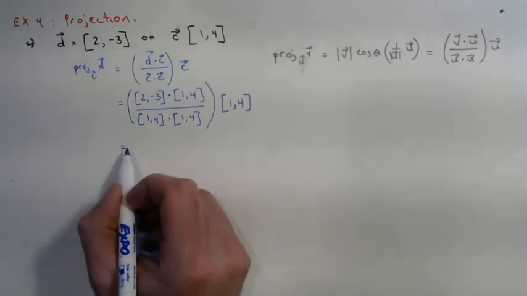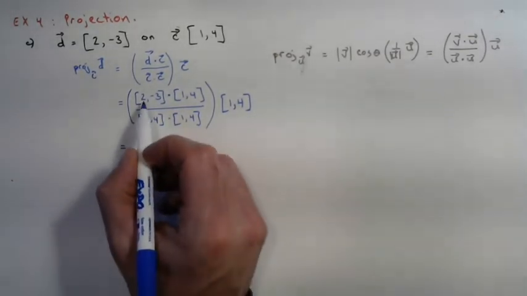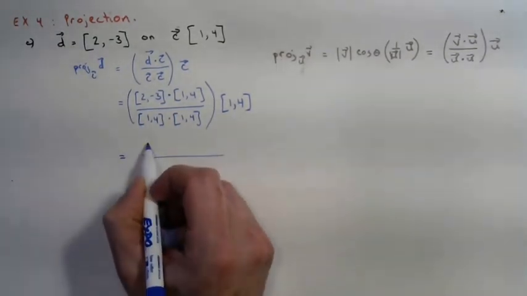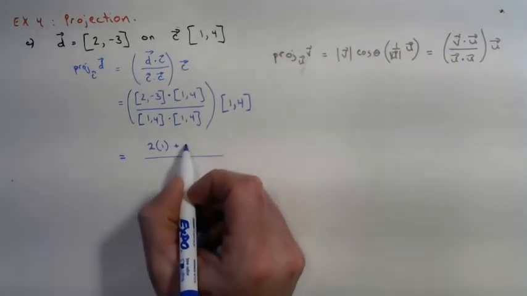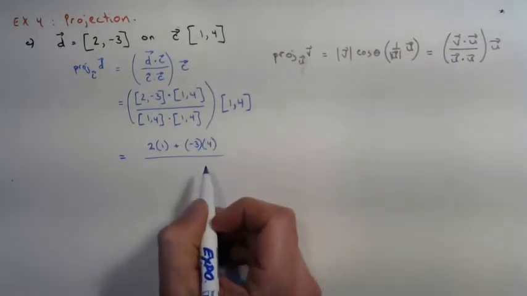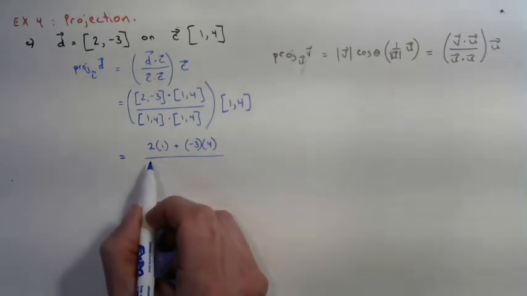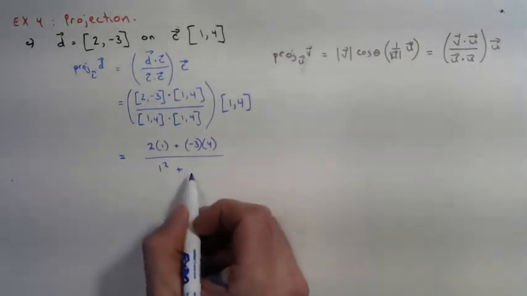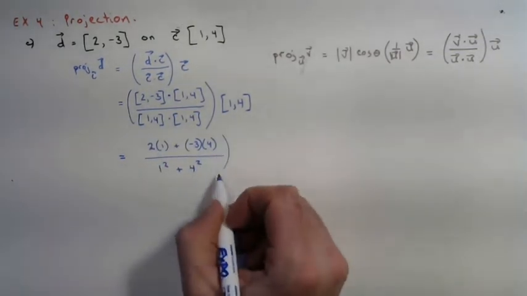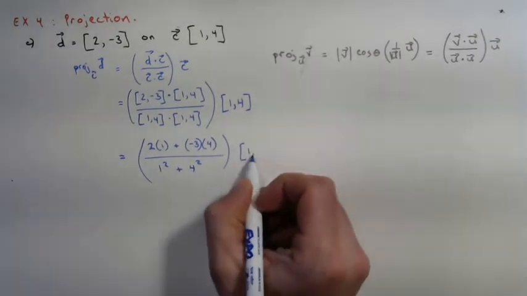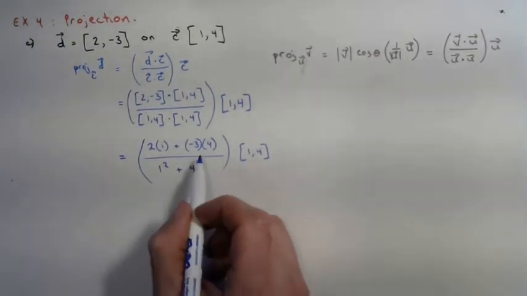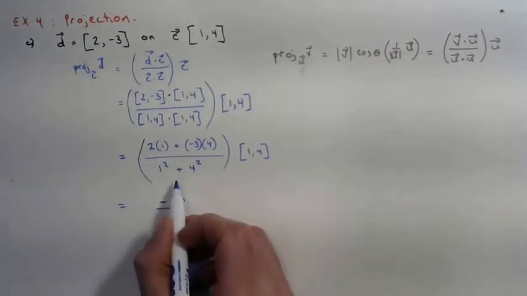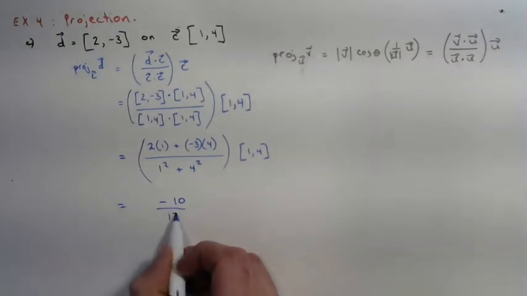Taking the dot product, I'm taking the product of the first two numbers, so 2 times 1, so my numerator, 2 times 1 plus -3 times 4. And in the denominator, I've got 1 times 1, which is 1 squared, plus 4 times 4, which is 4 squared. And then out here I still have 1, 4. Reduce the brackets. 2 minus 12 is -10 in the numerator. The denominator is 16 plus 1, which is 17.